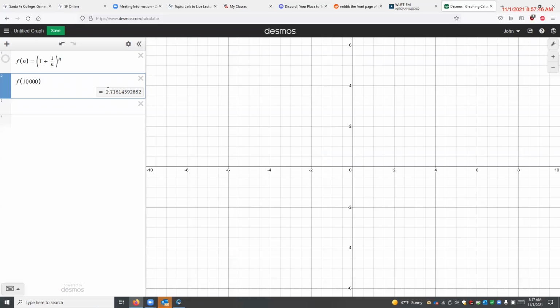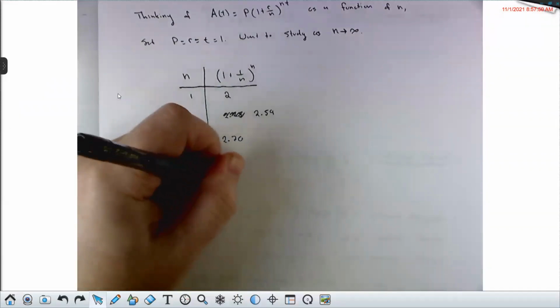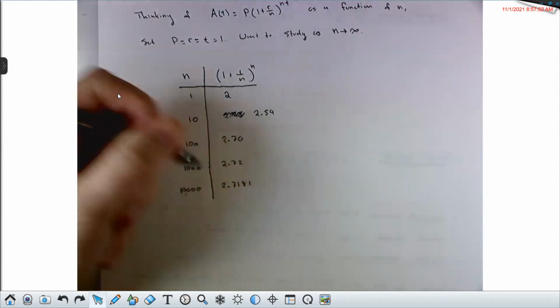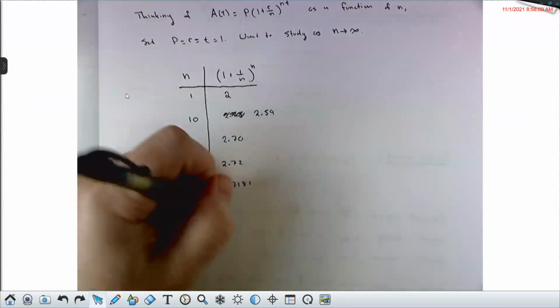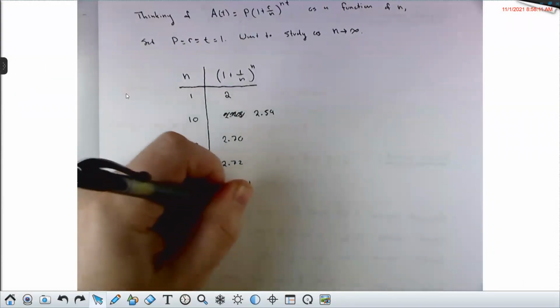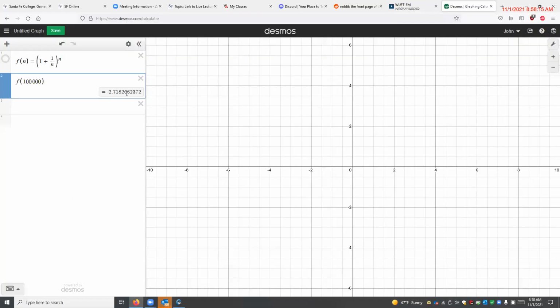I'll give you a few sig figs here, 2.7181. And let me go one more. Let's plug in 100,000. 2.718268.